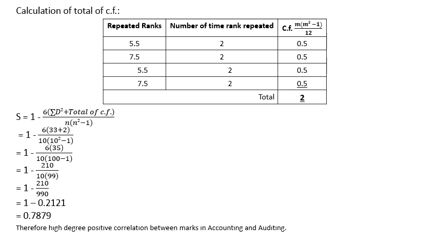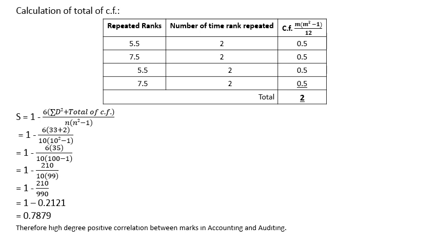Now repeated rank, in first set of value, you can see there, rank 5.5 that repeated 2 times. The average of rank is 0.5 if you substitute in the formula, m into m square minus 1 divided by 12. Next rank is 7.5 that repeated twice, average of rank is 0.5. Now as shown that now first set of rank is over. Now second set of ranks while mentioning, you have to show slightly different in the column.